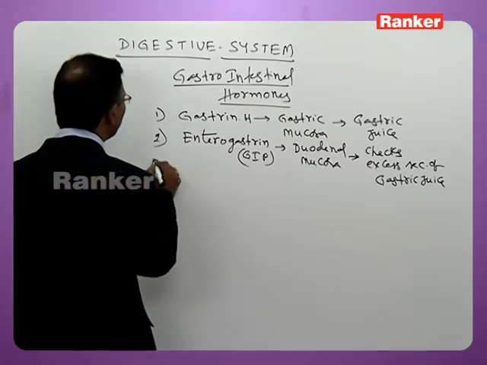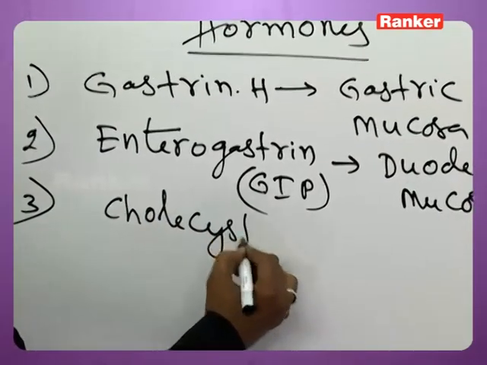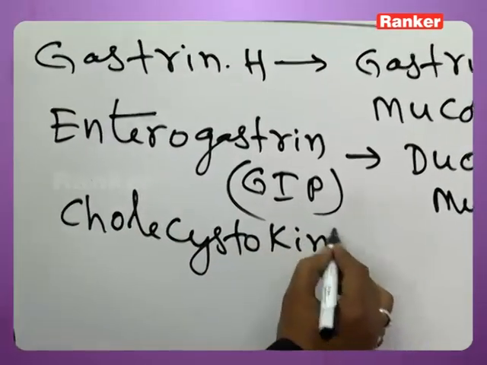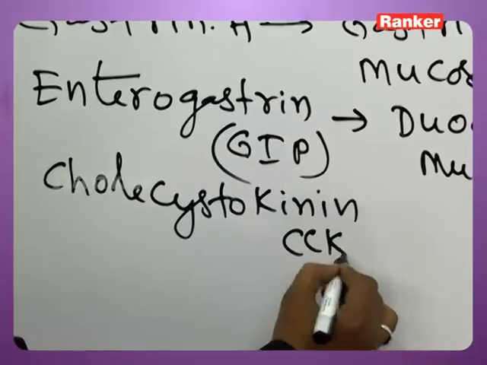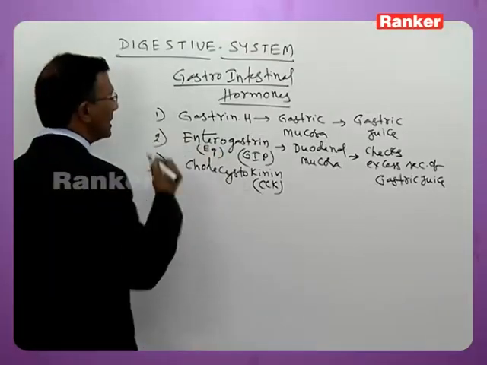The next you have cholecystokinin. Cholecystokinin is commonly called CCK, and enterogastrin is commonly called EG.